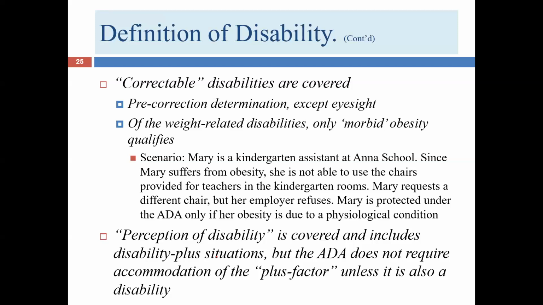A mildly elevated blood pressure reading probably doesn't meet the definition of disability, but it could be a disability plus situation. So the employer says, well, we're not going to hire somebody who is an insulin-dependent diabetic and who has elevated blood pressure. We might be willing to hire someone with elevated blood pressure, or an insulin-dependent diabetic, but not a person with both.